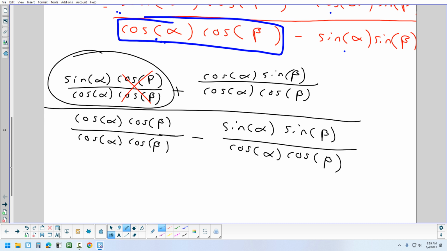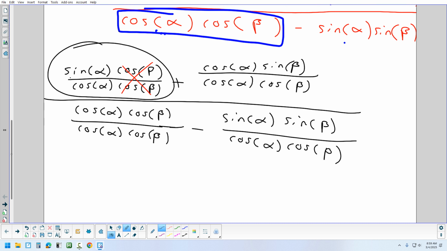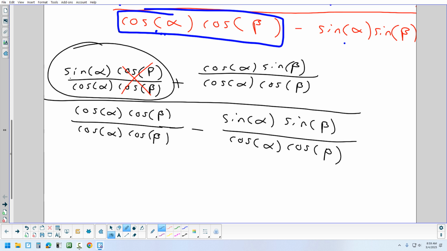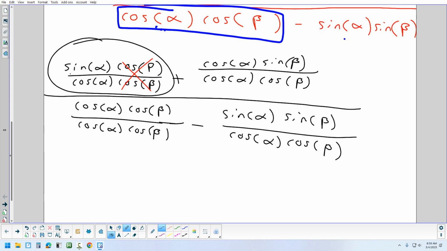Sine alpha over cosine alpha. And what is sine alpha divided by cosine alpha? Yep. Tangent. Sine divided by cosine. So that's tangent alpha.